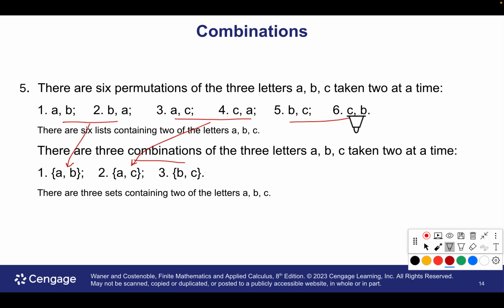If order's important, B and C or C and B are 2 different things. If order's not important, they're only one thing. So when order was important, we had 6. When order's not important, since we're organizing 2 things, we divide by 2 factorial. And so then there's really only 3 things in the combination. We're going to divide out how many different arrangements we're doing.